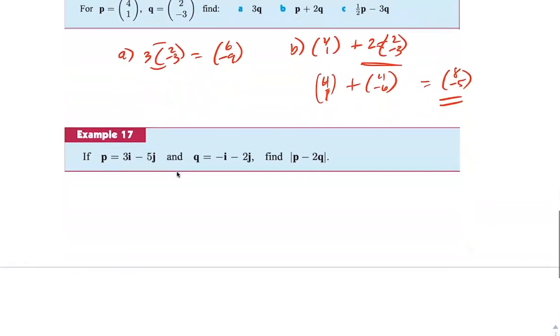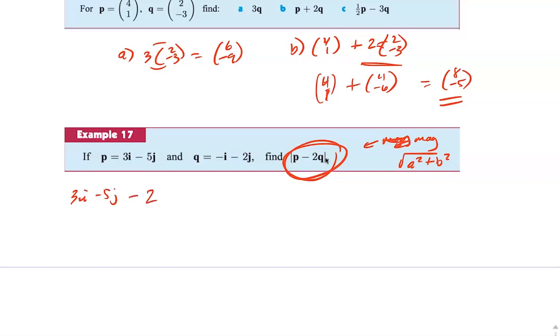Okay, last one. I want P minus 2Q, but then I want the absolute value of it. Remember, in vectors, that means magnitude, which is a formula in your formula sheet: radical a squared plus b squared. We want the length of this vector. So first we've got to find P minus 2Q. P is 3i minus 5j, minus 2 times Q, which is negative i minus 2j.